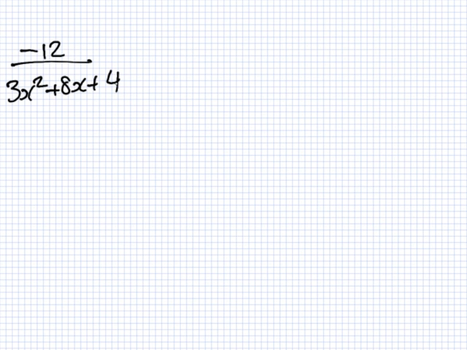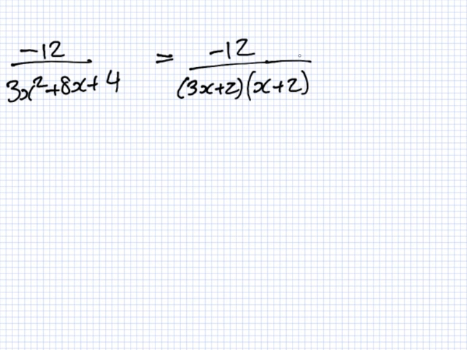Okay, so the first step you should do here is factorize the denominator. You can use your calculator to help you here. You get 3x plus 2 and x plus 2 on the bottom. Now this should start giving you a hint for what the answer should look like.